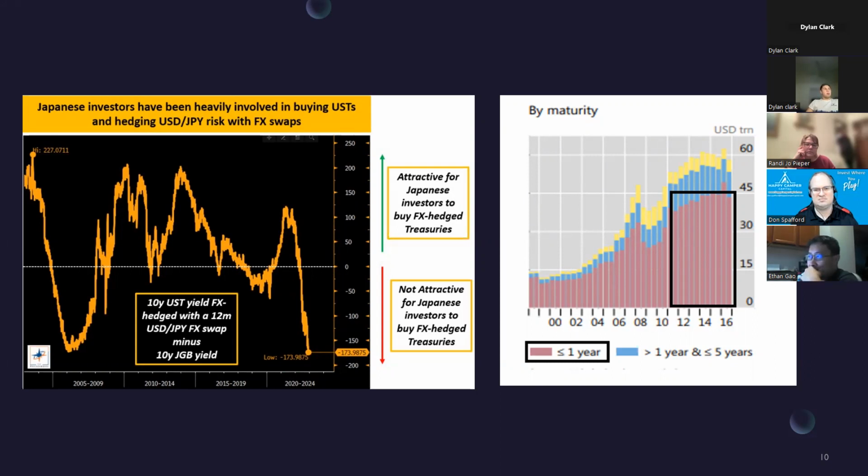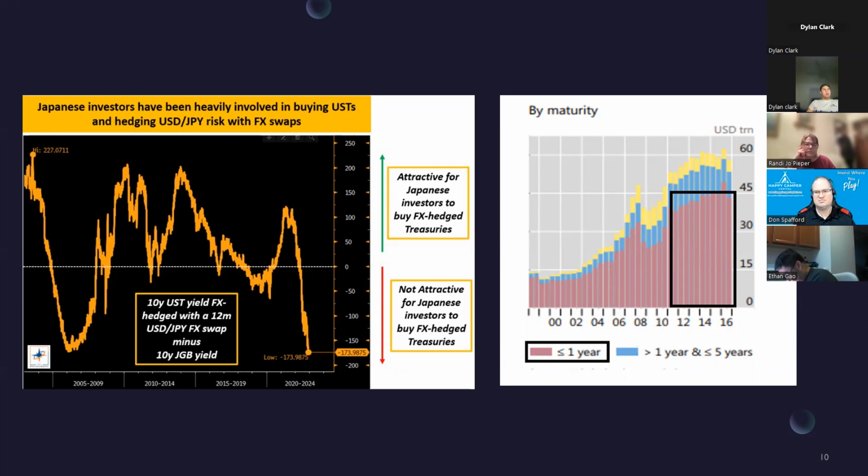This yield pickup was often in the 100 basis points area. Today, the forex hedging costs are so high that this yield pickup has disappeared, very similar to the 2005 through 2007 period. Had a nice peak in here, 2004, 2005, plummeted off. Nice peak here going into 2020 through 2021, large sharp falloff, right into what we're seeing.